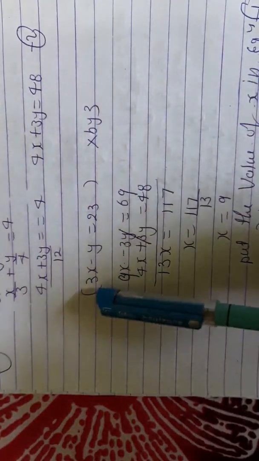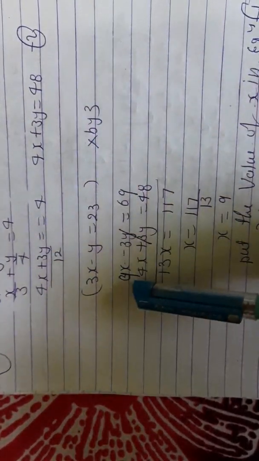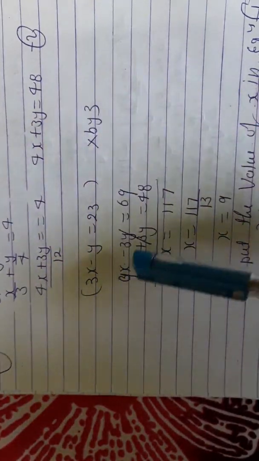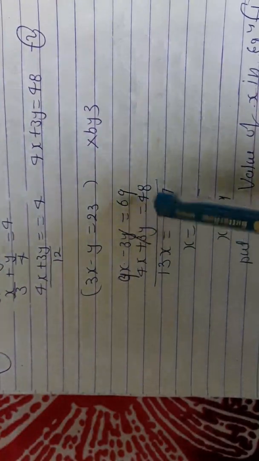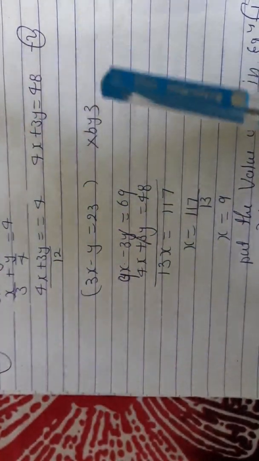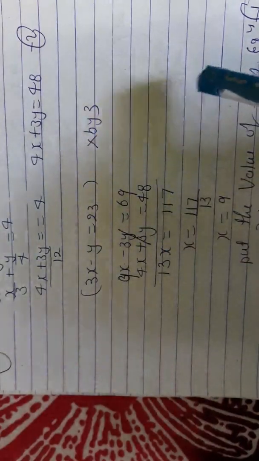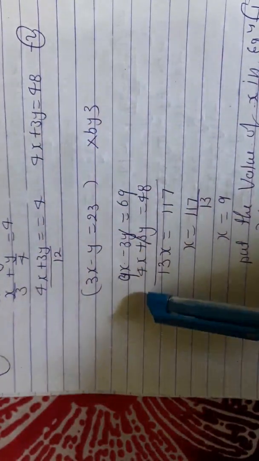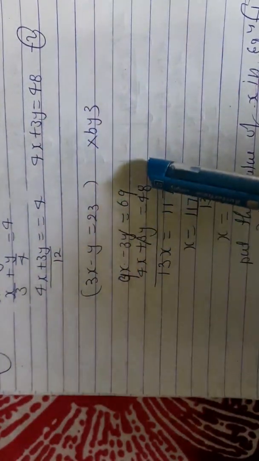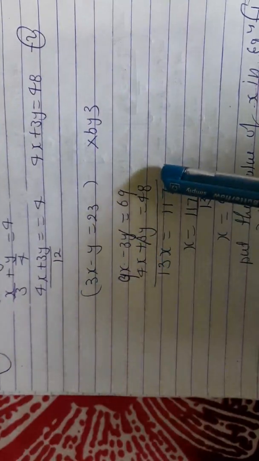So 3x minus y is equal to 23 multiplied by 3: 3 threes are 9, 3 into y is 3y, and 23 into 3 is 69. Now in equations first and second the value of y is equal. Then we will add. So 9x minus 3y is equal to 69, and 4x plus 3y is equal to 48.